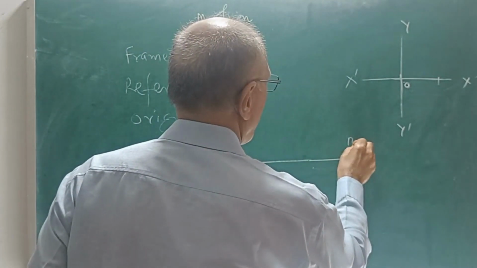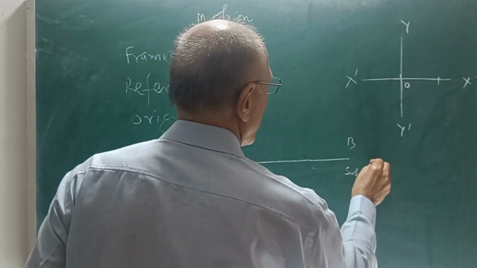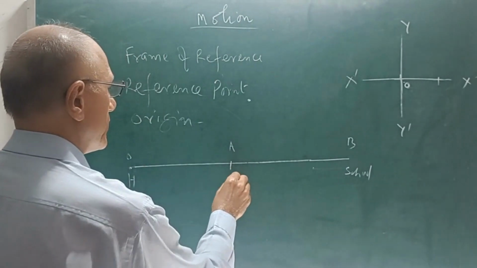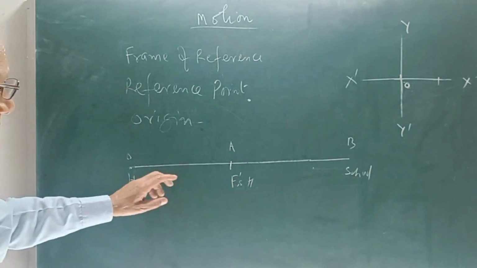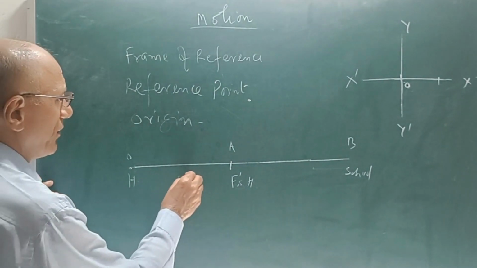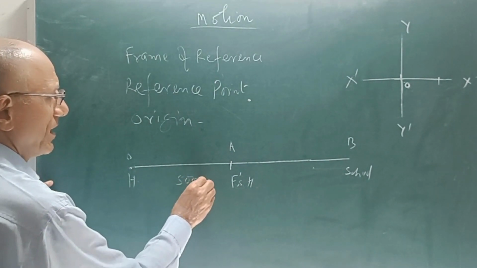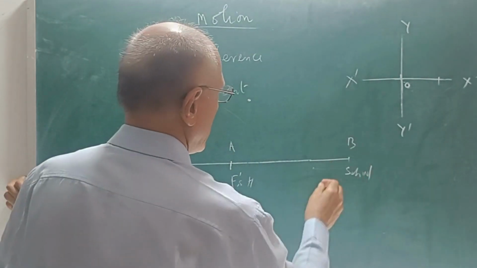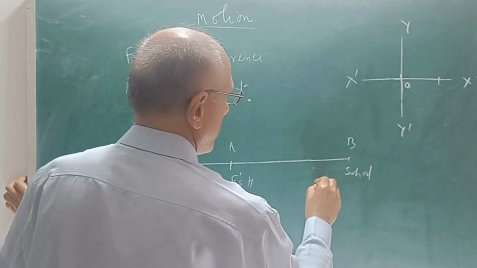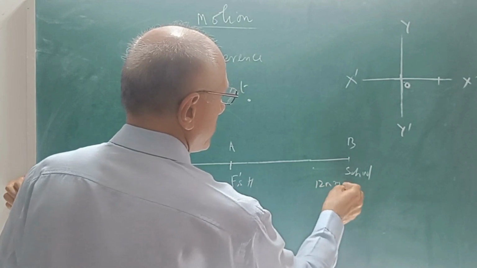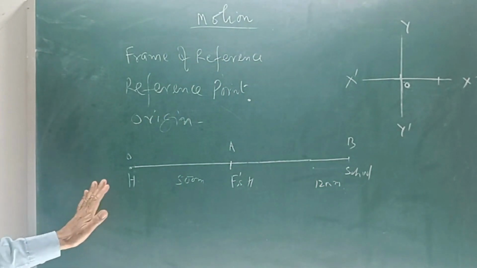This is the B point, it is the school, and it is your friend's house. It is 500 meters away, and the school is 1200 meters away. That is 1.2 kilometers away from your house.